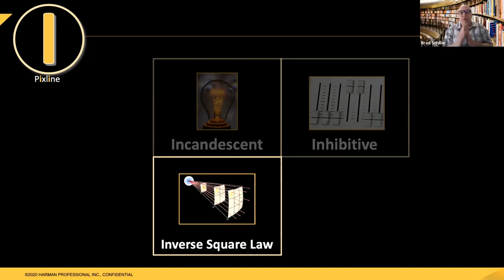Basically you need to remember that if you double the distance from the light source, you're going to reduce the illumination by 1/4. So the further out you go, it's going to get dimmer and dimmer. And that's due to the inverse square law. That's how you can calculate your intensities at different distances from your light source.